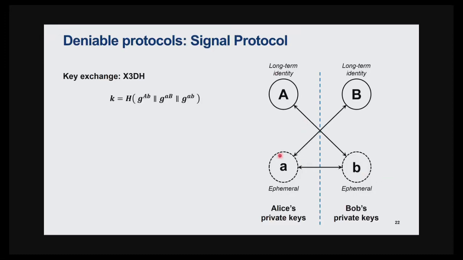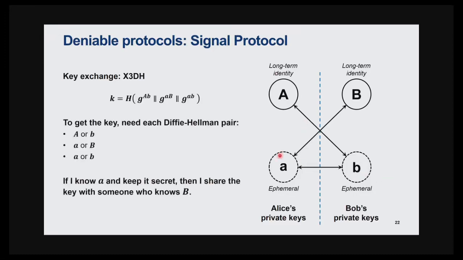But the result is that you now need to have the private keys that you can use for all three of these Diffie-Hellman exchanges here. So you need to know the private key big A or little b. You also need to know either little a or big B, and you need to know one of little a or little b.